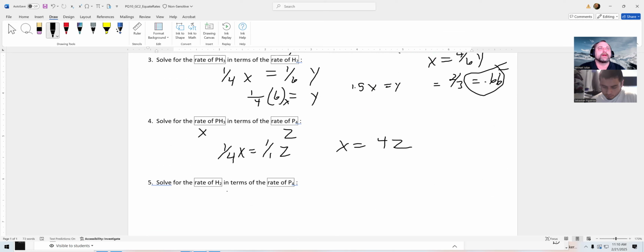So this rate of H2 will be equal to, since it was 1/6 and this was 1/1, this rate equals 6 times this rate. Okay. And so that's that one. It's not too bad.